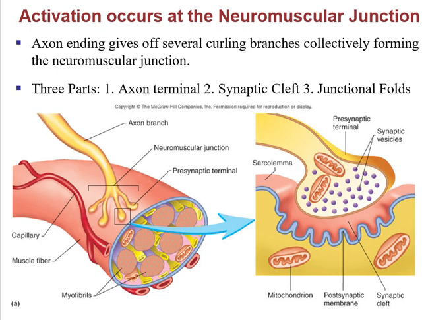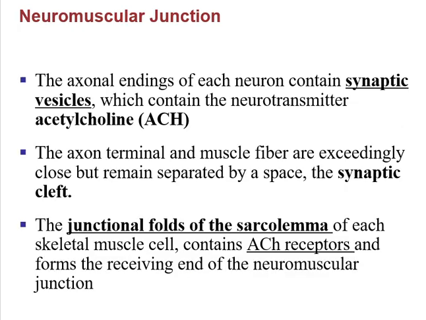And then on the end plate, you would have multiple areas of the sarcolemma that have these folds called junctional folds. And the end plate would just be an area around all the multiple axon terminals that get really close to the skeletal muscle cell. And so at that neuromuscular junction, the axon endings release acetylcholine from their synaptic vesicles using exocytosis.